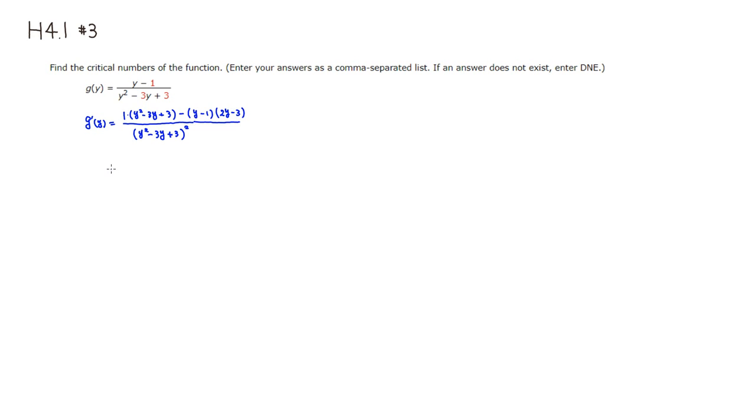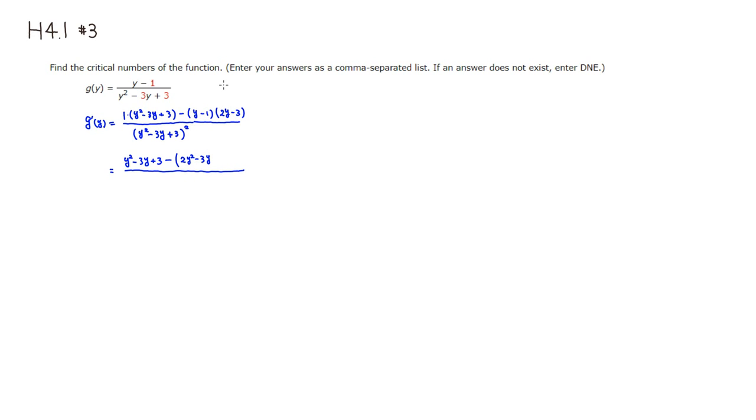If you multiply out the numerator, you're going to get y squared minus 3y plus 3 minus... we have to multiply. So y times 2y is 2y squared. Y times negative 3 is negative 3y.